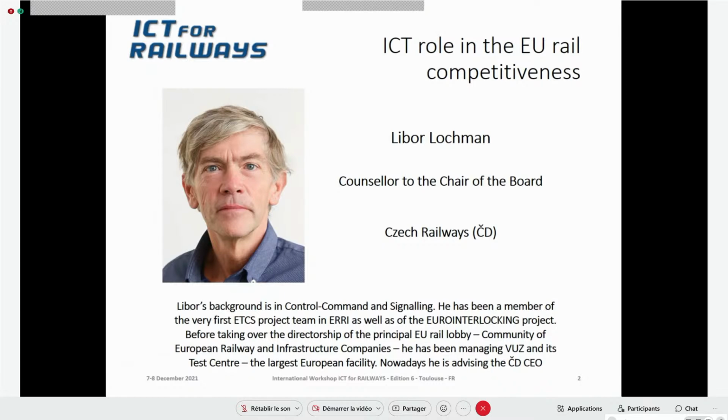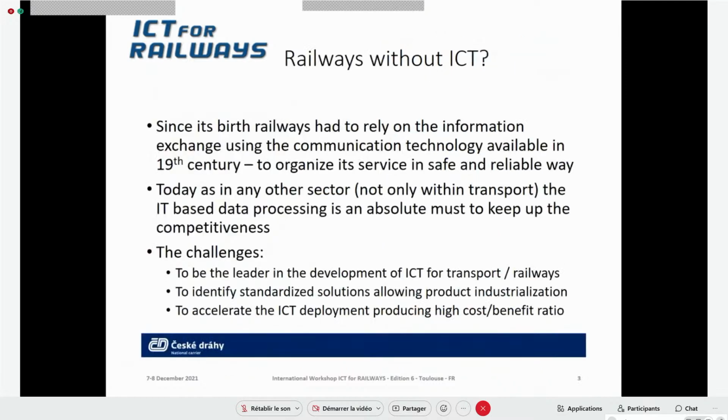But we can go straight to the next slide, because what I really like about this session is the title: how to strengthen the rail competitiveness, and what should be the role of ICT in it. I'm of course not going to read what you can read by yourself, but essentially the situation of railways has changed dramatically since the 19th century, where we had no difficulties with competitiveness, because we were the mode of transport on land.